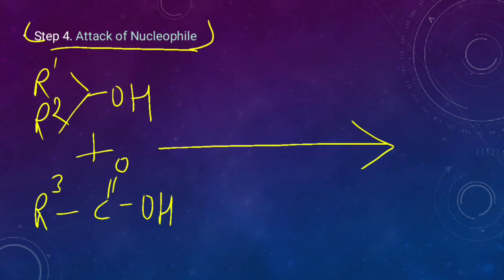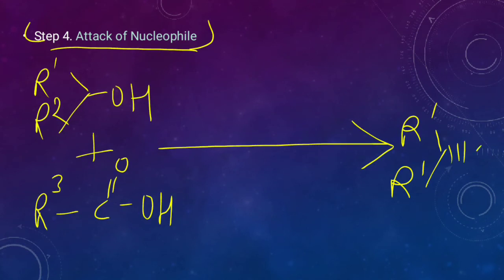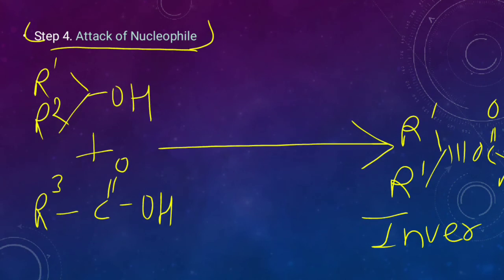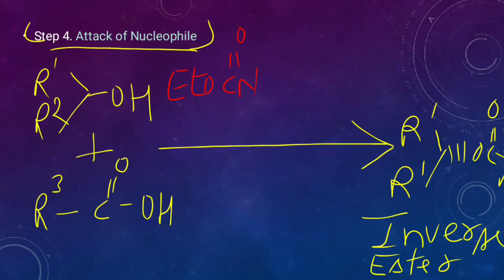When they react, they will form the inverted product, with the reagents diethyl azodicarboxylate and triphenylphosphine.